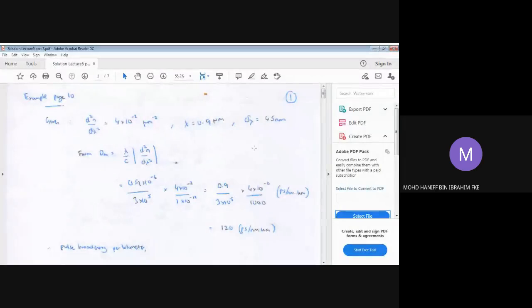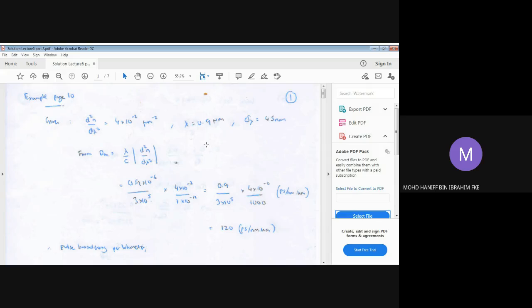Okay, so this is the solution for example 1. We are given d squared n over d lambda squared, which is 4 times 10 power negative 2 per micrometer squared, the wavelength of operation lambda of 0.9 micrometer, and the RMS spectral width of 45 nanometer.